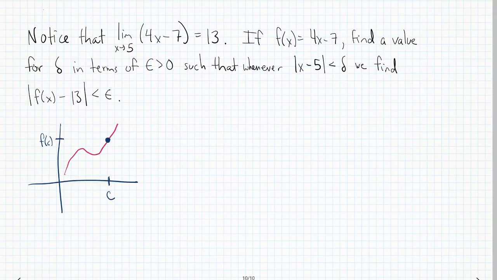Well, in order to find this f of c, maybe we have this range, right? We know that we might be slightly off with our target, but we want to be within a certain range. And the range that we're looking at is f of c minus epsilon to f of c plus epsilon.